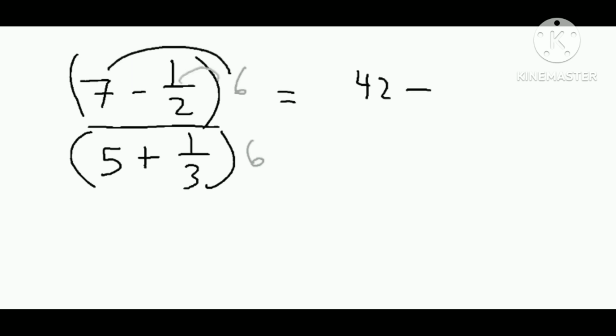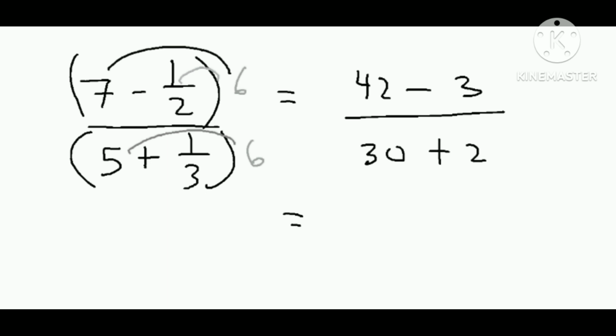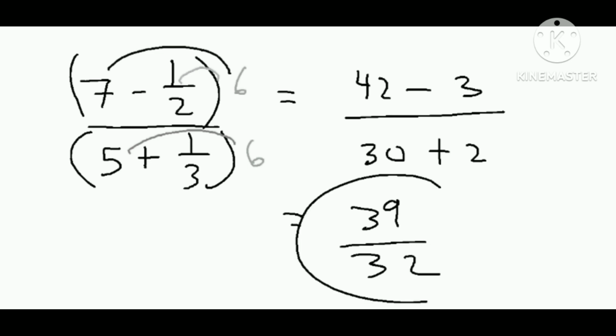And then 6 times 1/2 is the same as 6 divided by 2, which is 3. On the bottom, we have 5 times 6, which is 30. And 6 times a third, or 6 divided by 3, that's 2. 42 minus 3 is 39. And 30 plus 2, that's 32. So this is the answer.